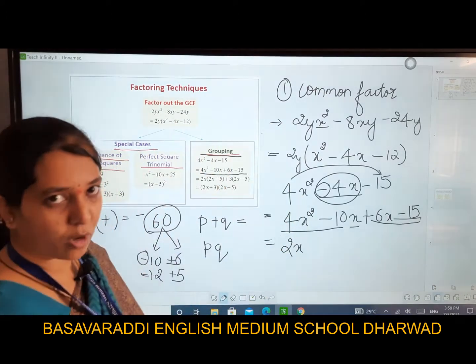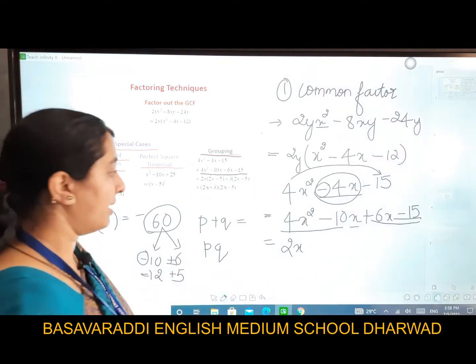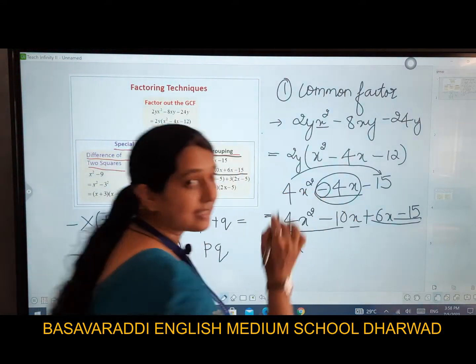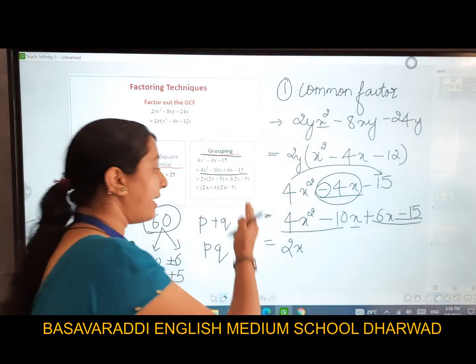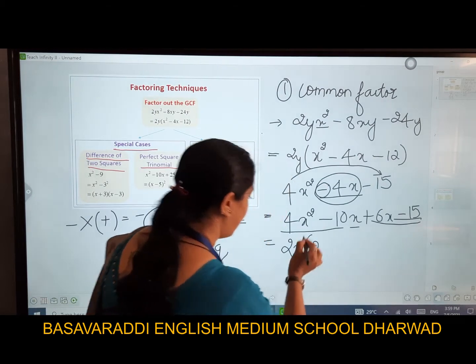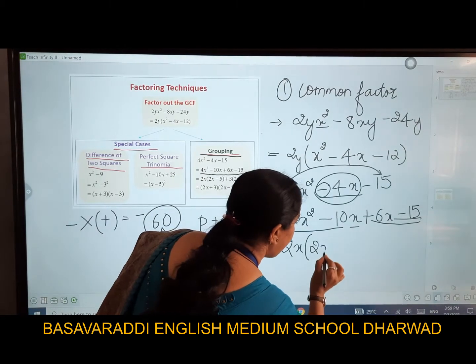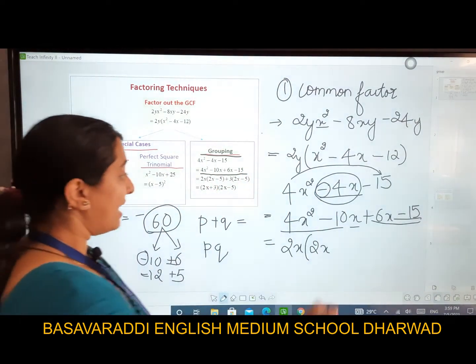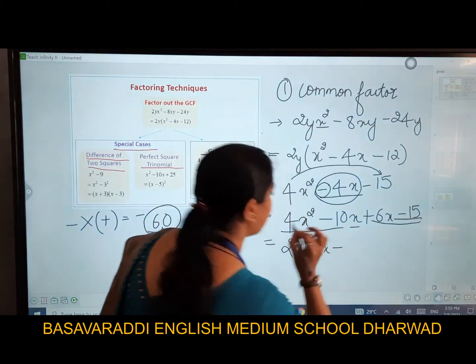I'll take it as common because 4 and 10 are both in 2's table, and x is also common in both. So when I take 2x common, I'm left with 2, and one x has been taken out, so I'm left with only x here. What sign we have? Minus sign. Write down the same sign there.